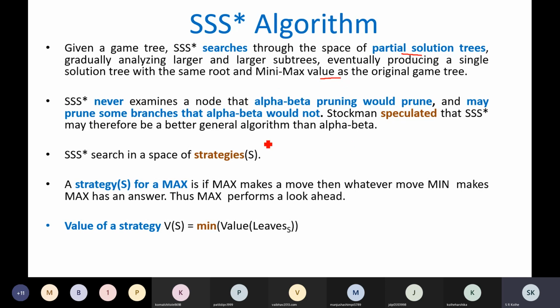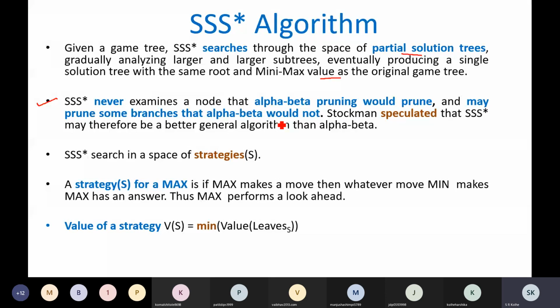You will find that this SSS star algorithm examines only nodes that the alpha beta pruning algorithm would have examined, and may prune some more branches that alpha beta cutoff has not done earlier.